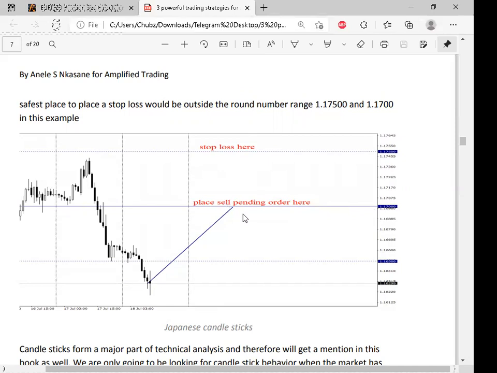If it doesn't, then we're not in a trade. And if it does come in and touch it and then continues to head upwards, then it's going to take us out with the stop loss, so with the minor loss at 117.50. Okay.